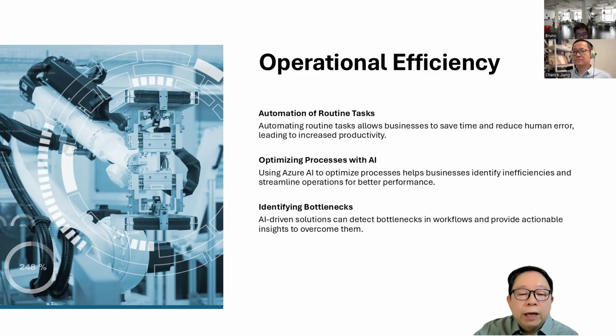When you identify the bottleneck, you may want to speed up or even use AI technology to solve it. So that is why we want to improve the operational issues and improve the efficiency. When we identify the bottleneck, the AI-driven solution can detect it. That is good news. And by looking at the workflow, it is able to provide actionable insight to overcome that.